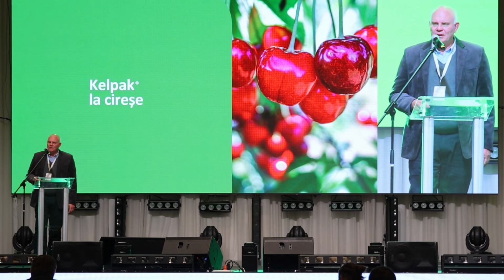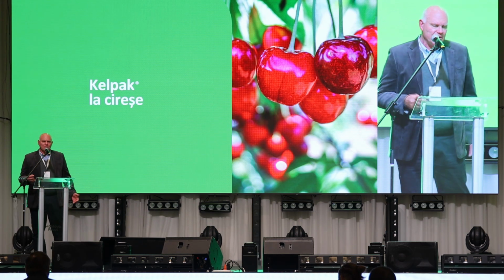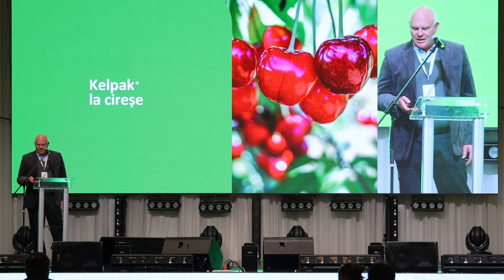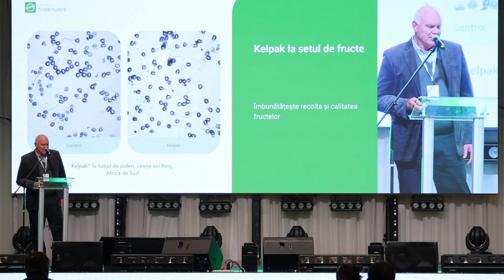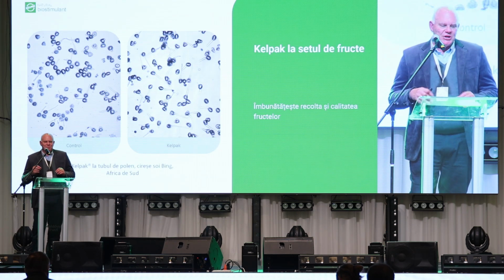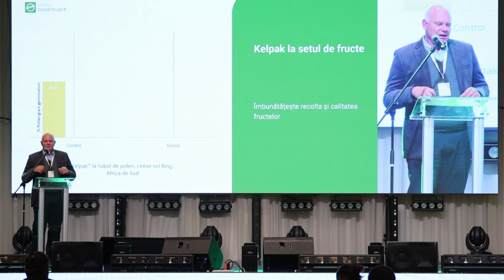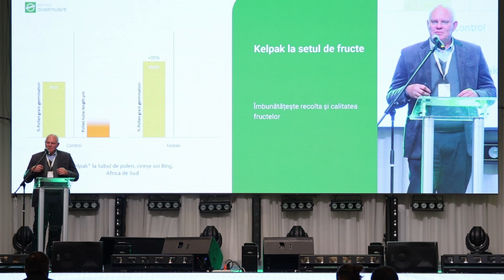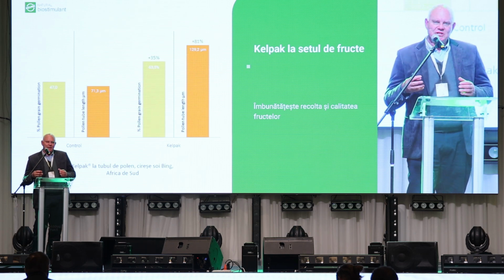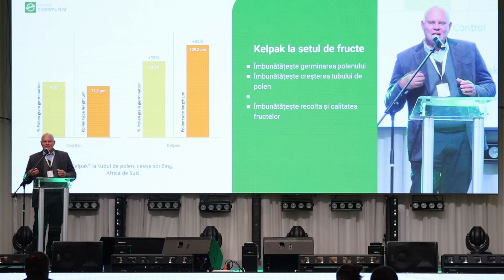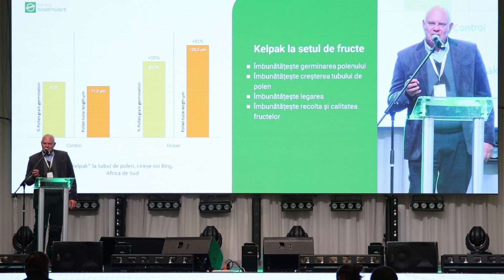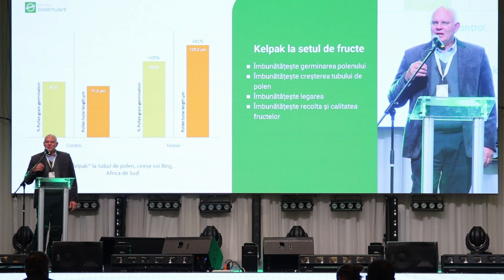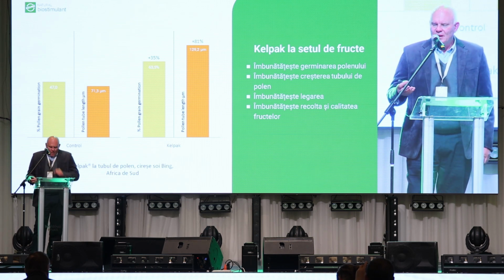Just to share with you some results that we have on crops that are relevant here in Moldova, we can look at cherries. What we've done is we use cherry pollen, and we actually germinate that pollen artificially. And if you have Kelpak in that medium, we find that we get better pollen germination and also better pollen tube elongation.